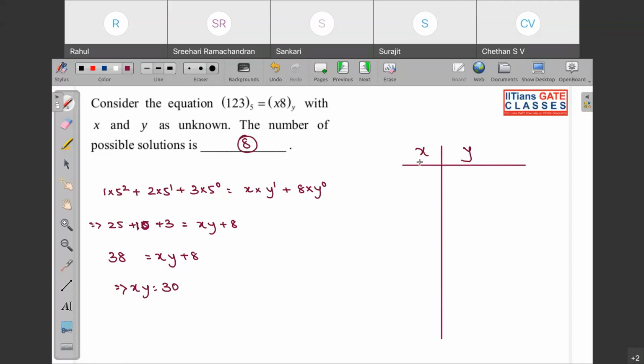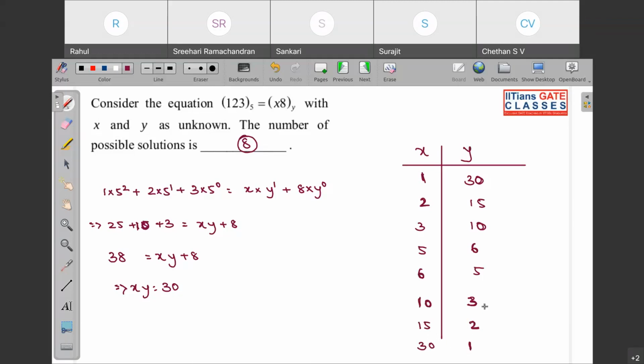So the possible combinations can be x can be 1, y can be 30, x can be 2, y can be 15, x can be 3, y can be 10, x cannot be 4, it can be 5, so this can be 6. Once again, if x is 10, this will be 3. If this is 15, this will be 2, and last is what? If this is 30, this will be 1.